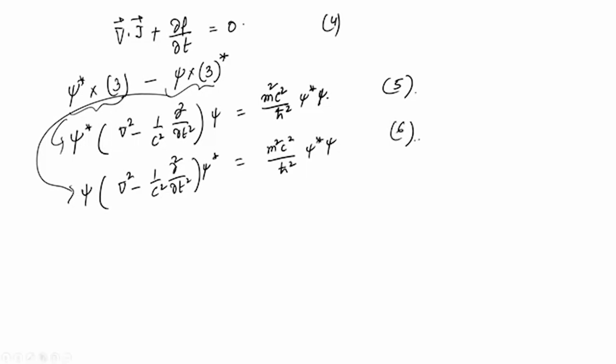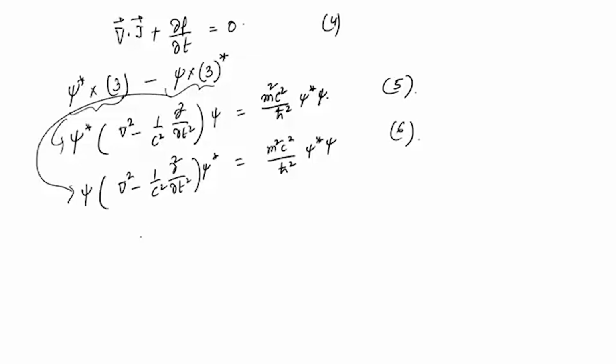I hope this is clear: we have taken equation 3 and multiplied it by psi star, then taken the conjugate of 3, multiplied it by psi, and taken the difference between the two. Then we can write down equation 4 with these definitions of rho and j, after subtraction.